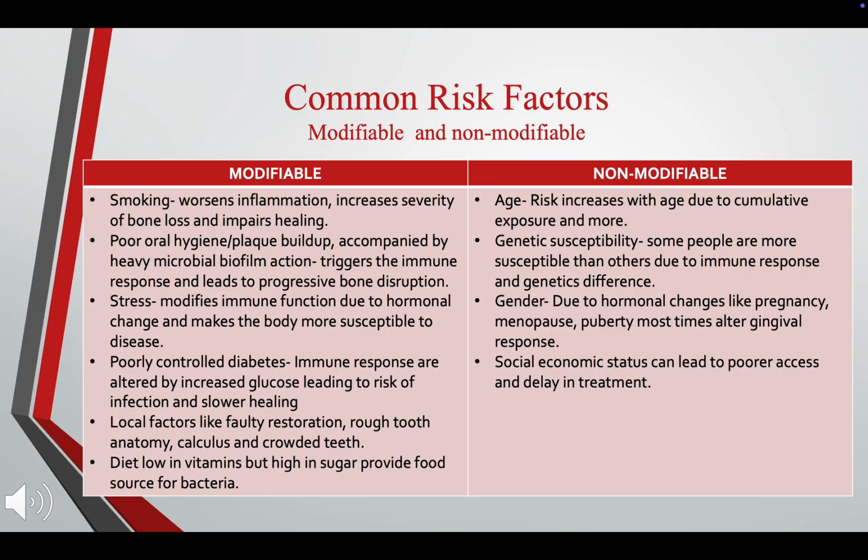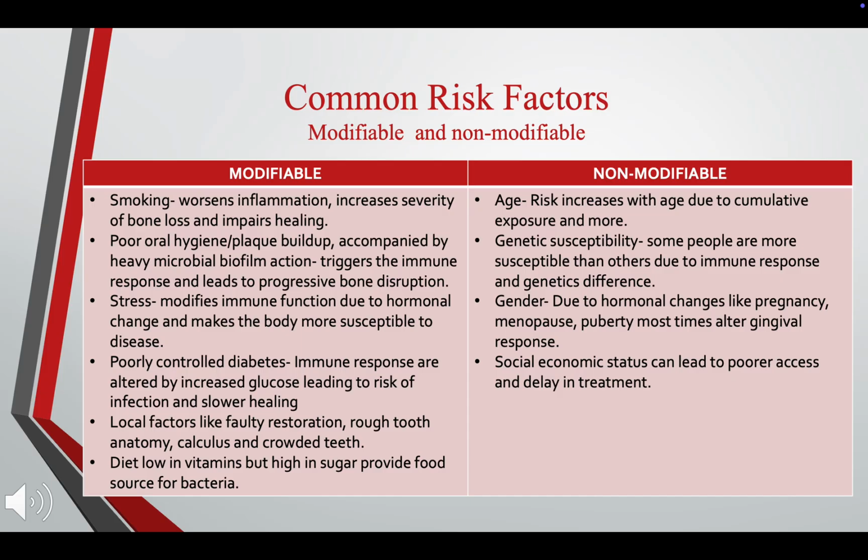So let's look at what really puts you at risk. Let's break it down into two big categories. There's the modifiable risk and the non-modifiable risk. The modifiable risks are things you can change, which are smoking. Smoking fuels inflammation, worsens bone loss, and slows healing. Poor oral hygiene and plaque, which leads to bacterial buildup, triggering the immune system.